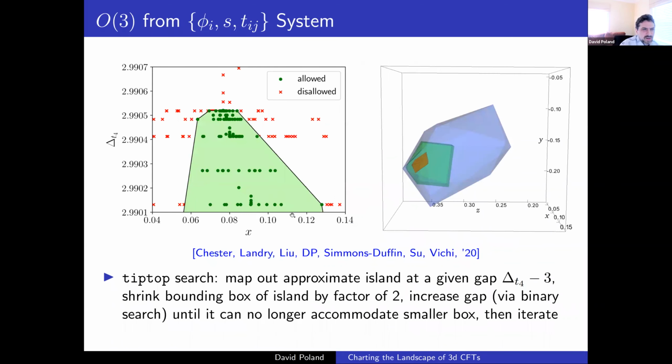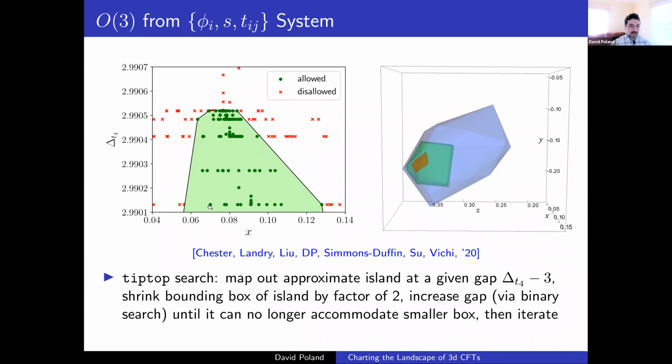Here's a picture of what the tip-top search looks like. Basically, we want to make different assumptions about the gap in this 4-index tensor sector. At each value of the gap, we map out some approximate island in the scaling dimension space.